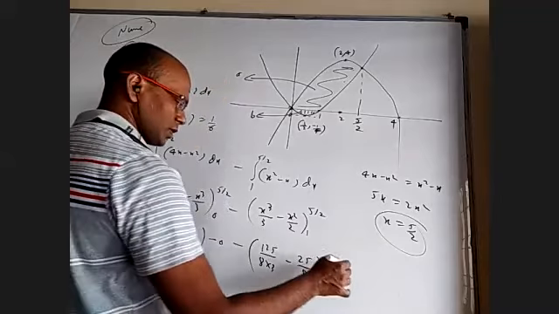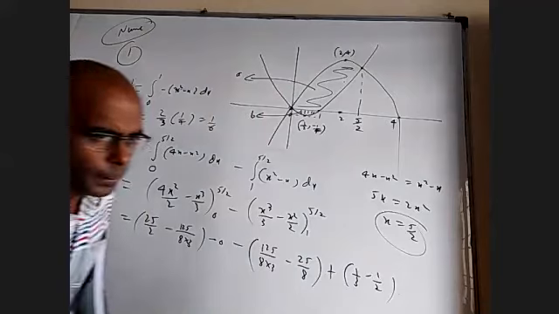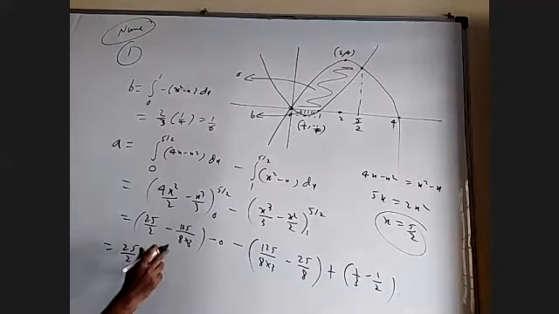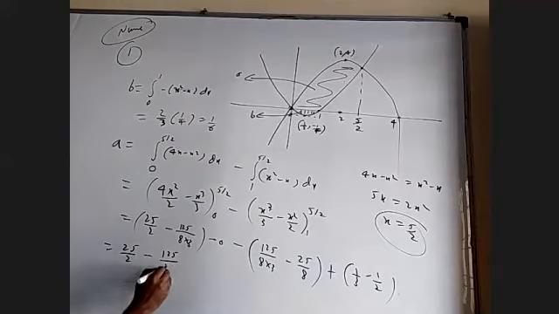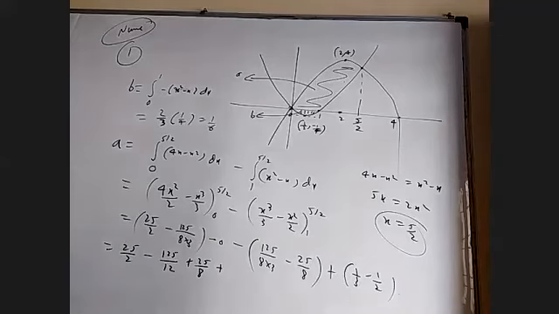Plus minus 1 minus plus 1 by 3 minus 1 by 2. 25 by 2, this and this is minus 125 by 24, but club this and this together. Plus 25 by 8. These two together are 2 minus 3, minus 1 by 6.